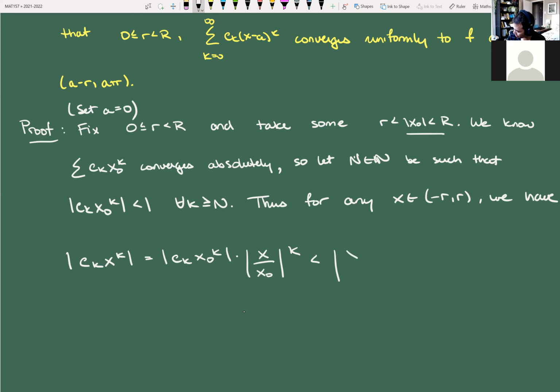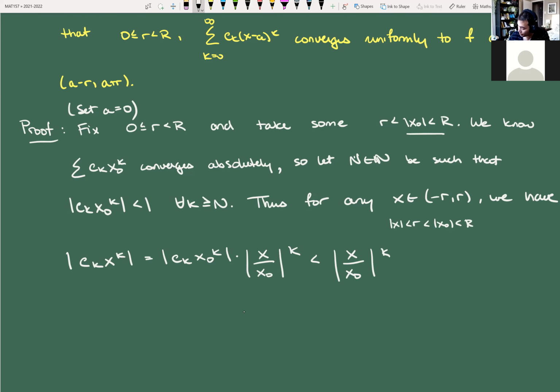Okay, that's not good enough, right? So fine. This is still less than 1, because we know the absolute value of x here is less than r, which is less than the absolute value of x naught, which is less than big R. There are a lot of inequalities here.